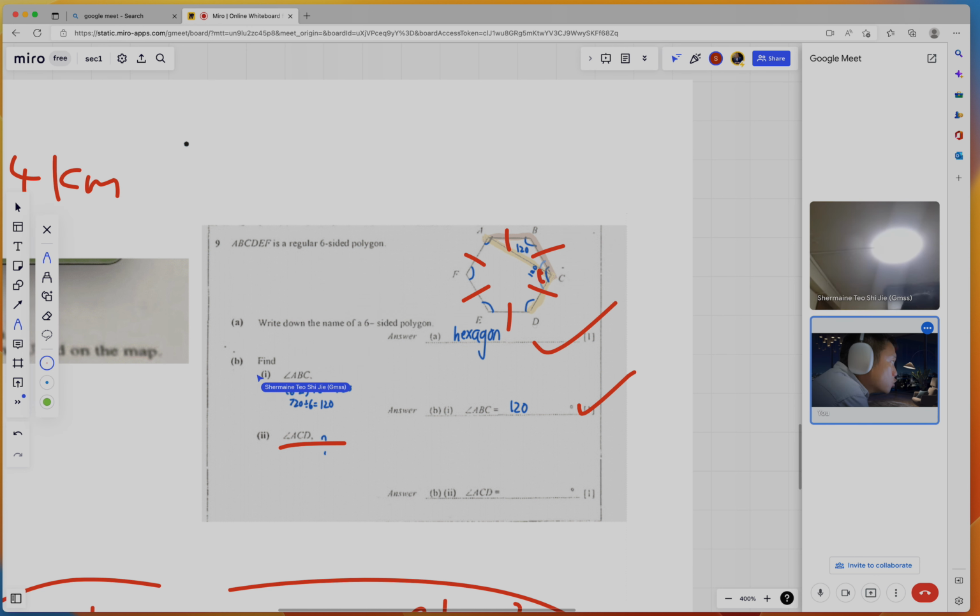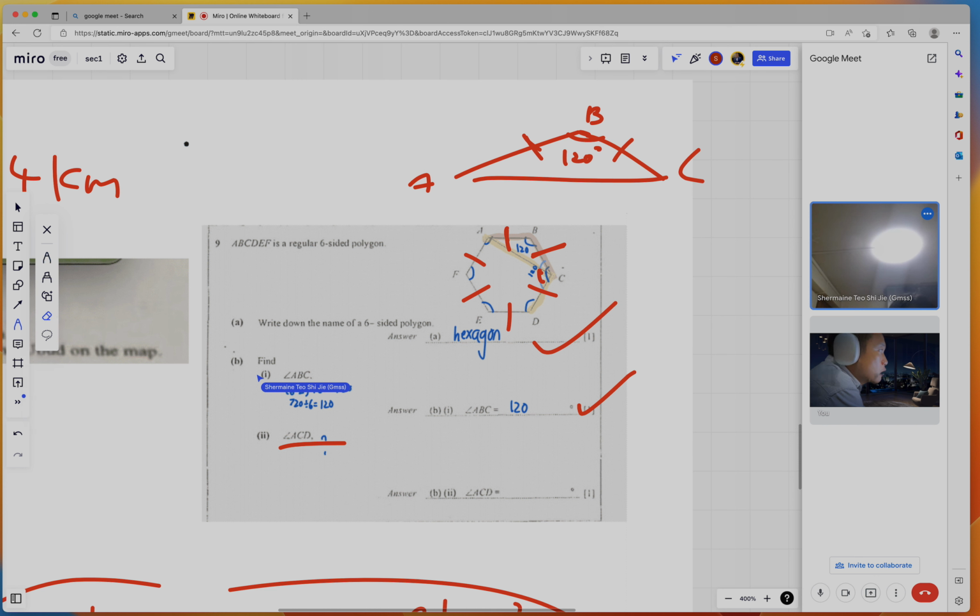Okay, can I ask you a question? A, B, C. This is 120. Okay, so AB is equal to BC, right? So this is isosceles, right? Can you see it's isosceles? Yes.